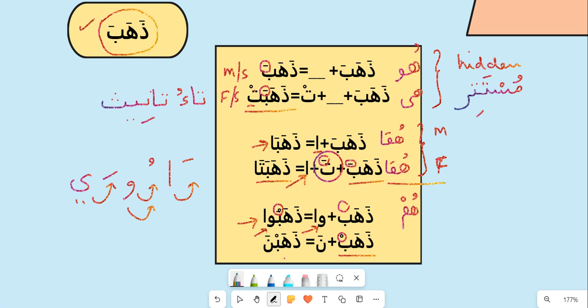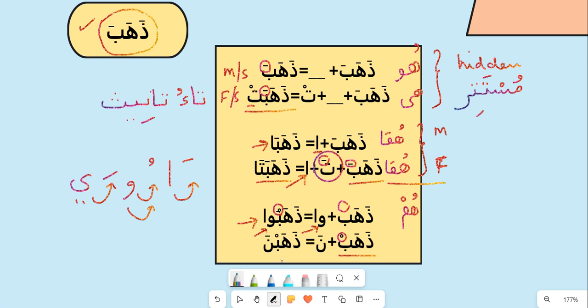And why do we need the previous structure, not this structure dhahaba? Because, as I told you, remember in the mukhatib we have a different pronoun for the female plural. We had tunna, and with the ta damir we had noon with shadda. So that noon shadda gave us the idea that it is being used for female plural in the mukhatib.